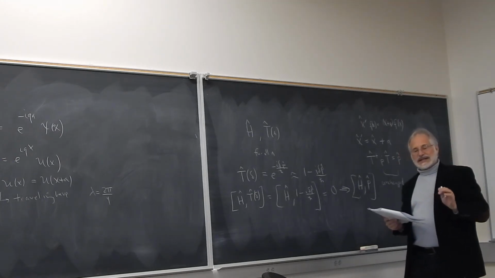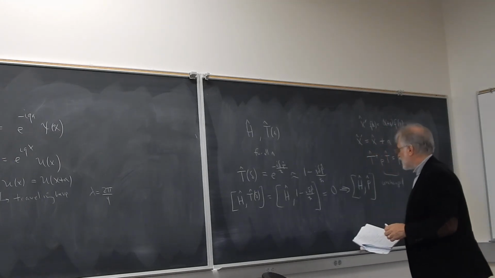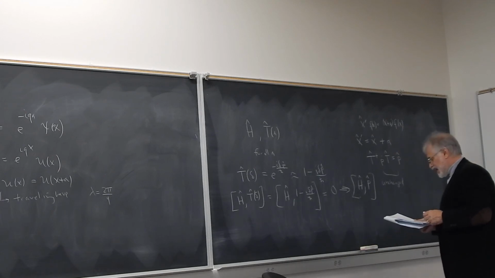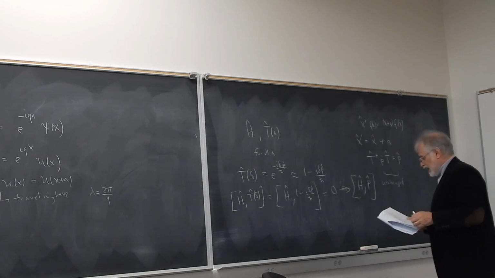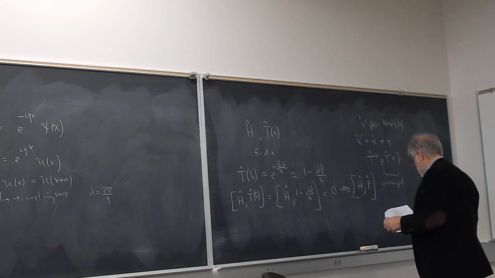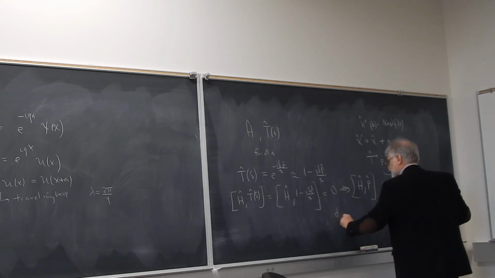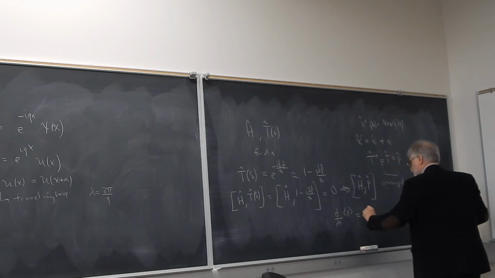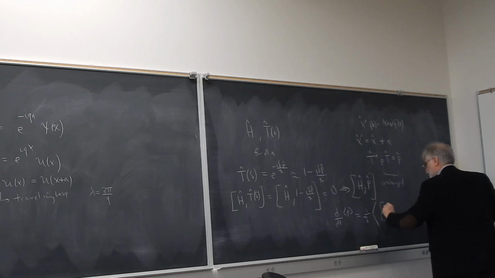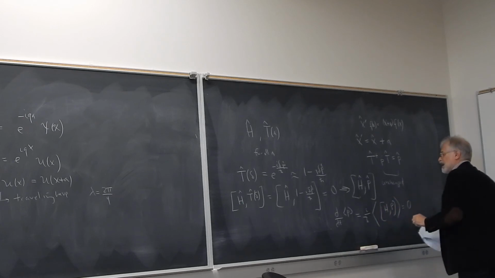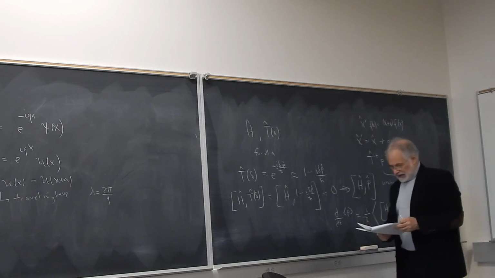So if H has continuous translational symmetry, it must commute with the momentum operator. And if that's the case, the time derivative of my expectation of momentum is proportional to the commutator of H and P, and of course that's going to be equal to 0, which means momentum is a constant of the motion.